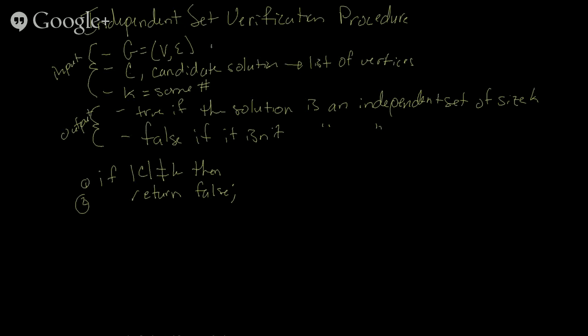Remember that G has n vertices and m edges. And we always want our runtime analysis to be in terms of n. So this line could be up to O of n, because we have to count each thing that's in C. And that could take us up to n things to count. So if the size of C is not k, then we need to return false. If we don't return false there, then the size of C is k, which means we're good so far.